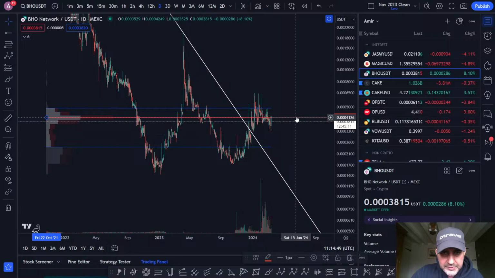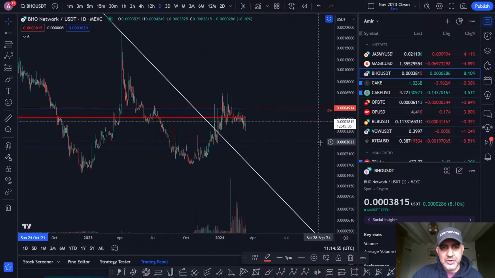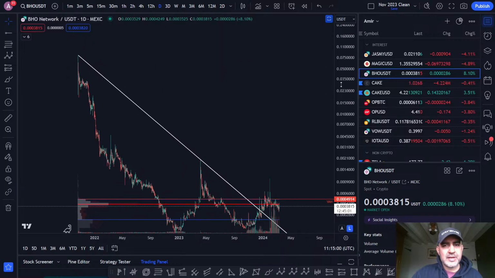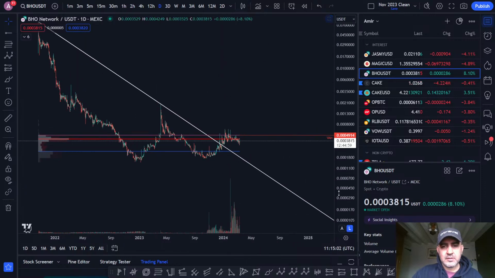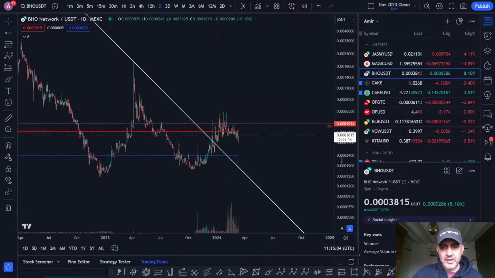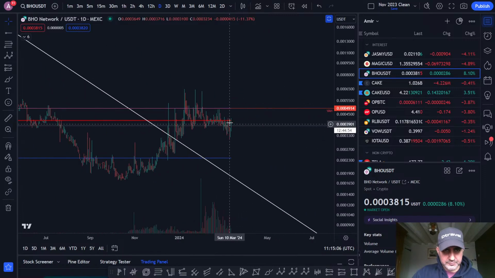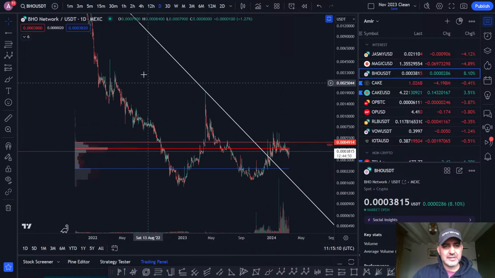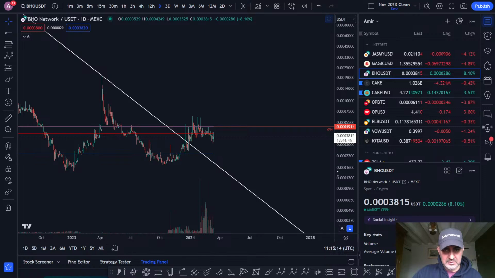Okay, the point of control's moved though. Don't know if anyone's looking at the BHO network, but you have a potential trendline break here. We're in the value area. I mean, that's potentially a bump and run, but I don't really like it. It's more of a double bottom actually, thinking about it.